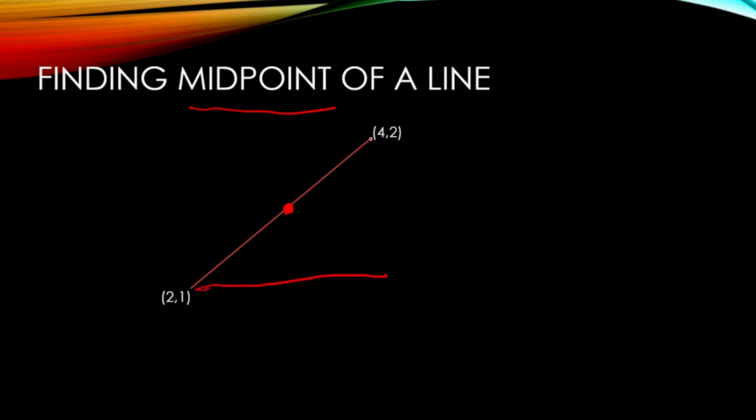Let me just draw that out. This was the change in x and this was the change in y. Change in y was 1, which is 2 minus 1, and change in x was 2. So we know these two things. We are going to use this to find the midpoint of the line.